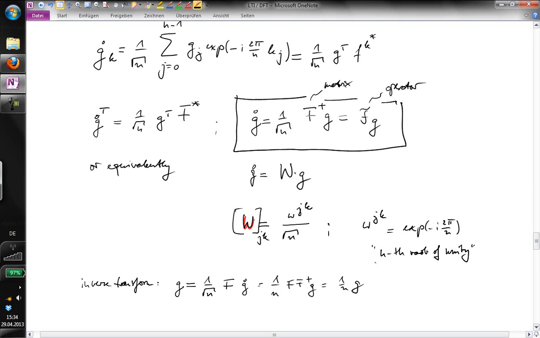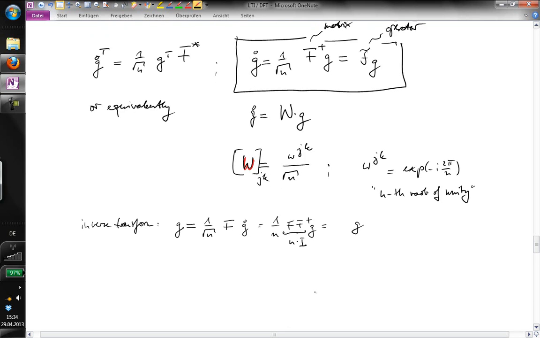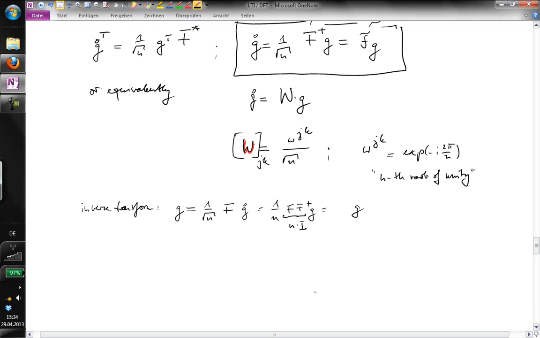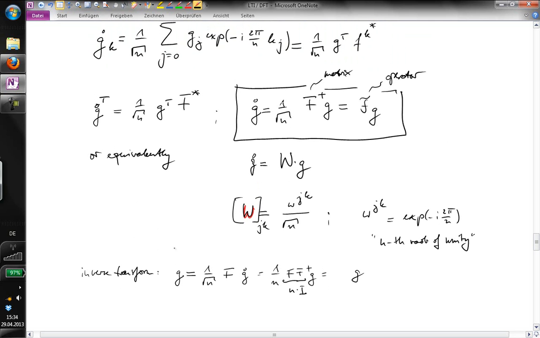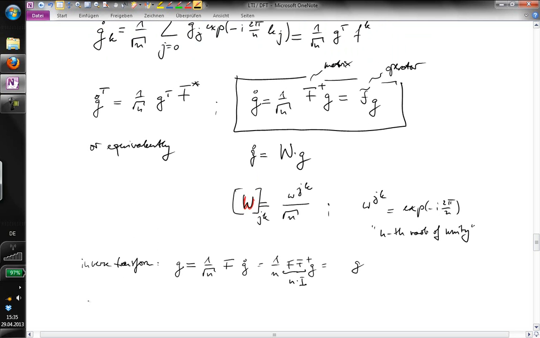This here is n times the identity matrix. Or in other words, if you want it component-wise, the lth element of G is given by the following.